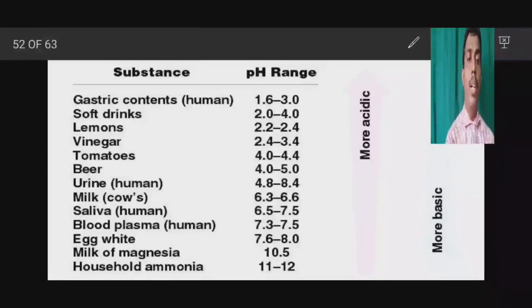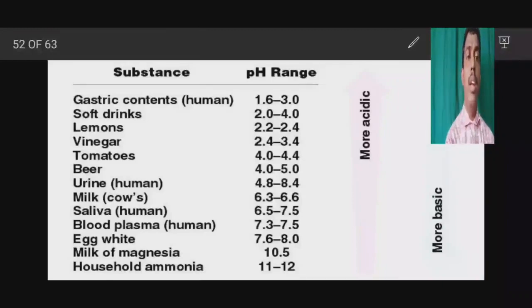Blood plasma pH varies from 7.3 to 7.5. Egg white pH varies from 7.6 to 8.0. Milk of magnesia, which is used in antacid tablets, has a pH of 10.5. Household ammonia pH is 11 to 12.